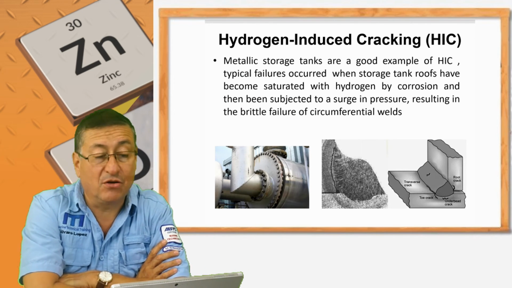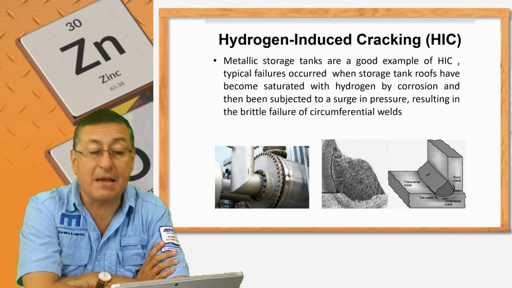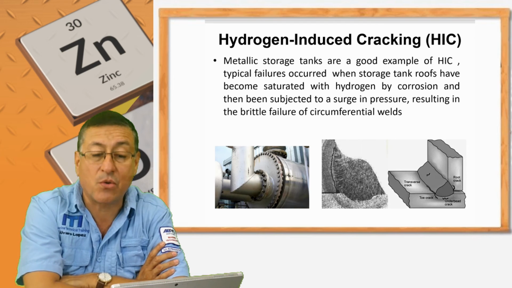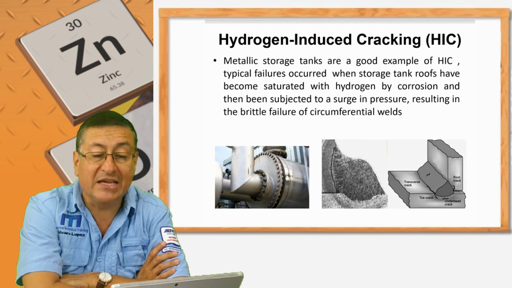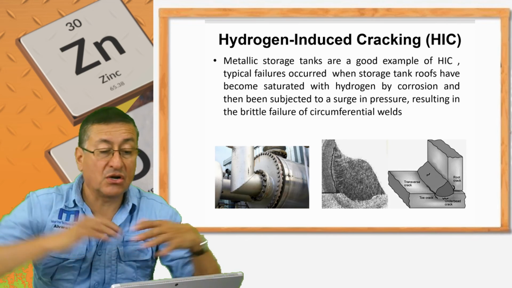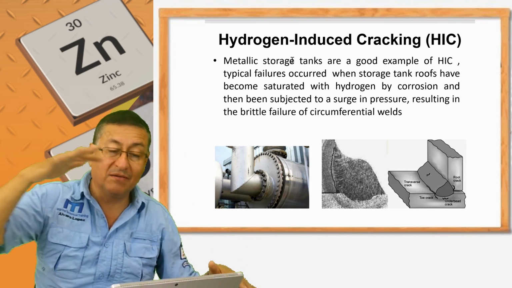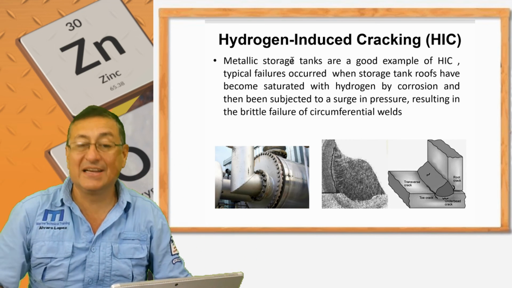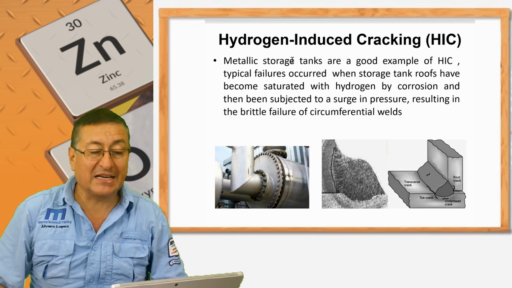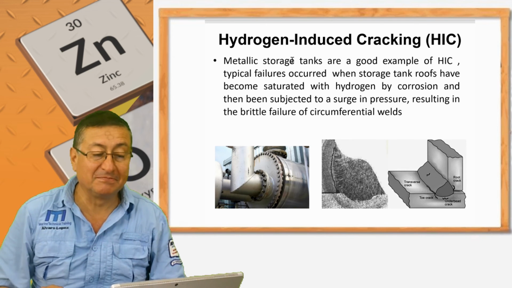alloys, those environments? Metallic storage tanks are a good example of hydrogen-induced cracking. Typically, failures occur when storage tank roofs are saturated with hydrogen, and the hydrogen in combination with the humidity produces acid that attacks the surface and destroys it. Yeah, this is a good example.